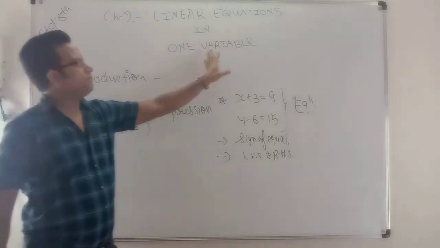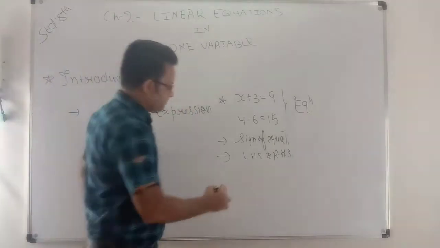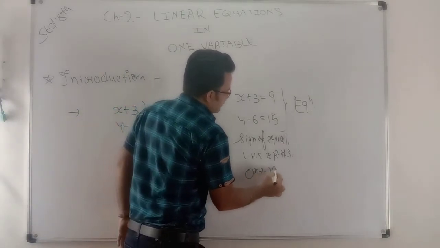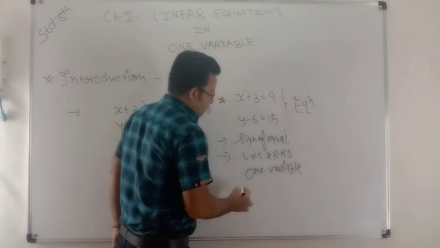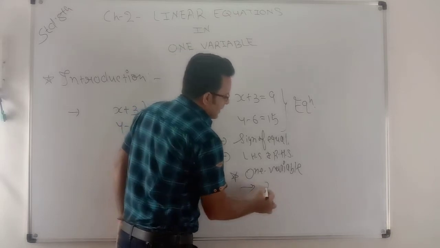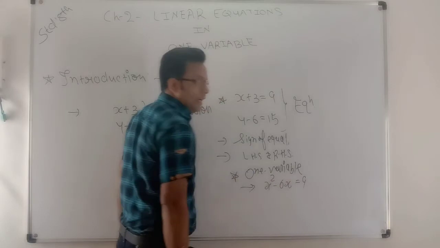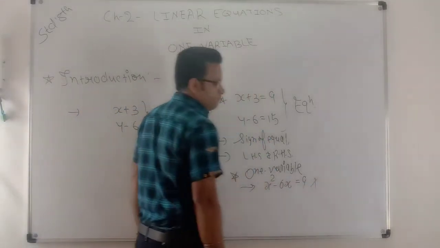Now, what does one variable mean? We have to understand this. If I write here x square minus 6x is equal to 9, this cannot be called one variable.